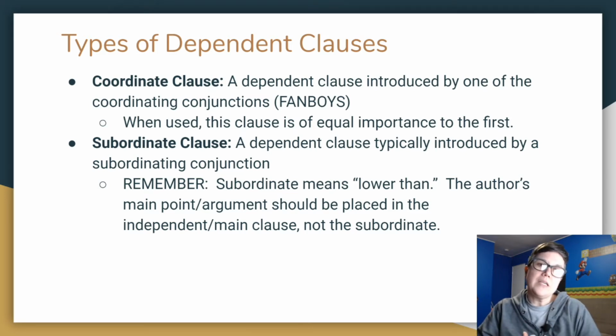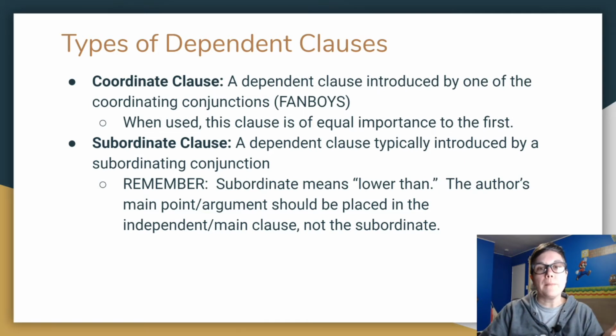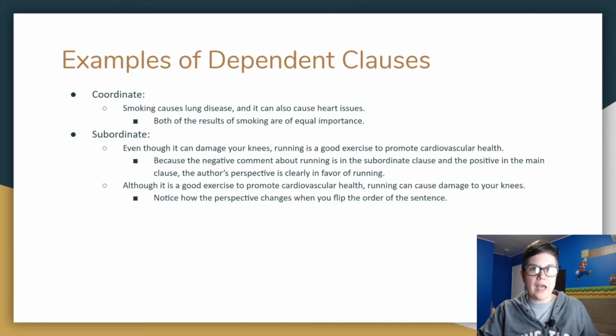If I have an independent clause, a main idea, main clause, and then I join it with a subordinate clause, that subordinate clause is giving me related information, descriptive information, but the information in the subordinate clause is not as important as the information in the main clause. So if you look at the next slide, there are some examples. The first one is a coordinate clause.